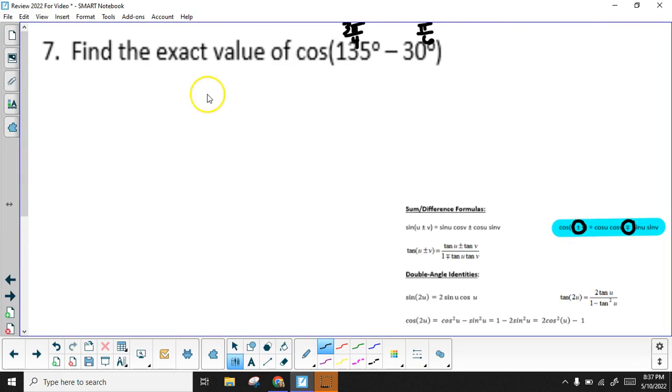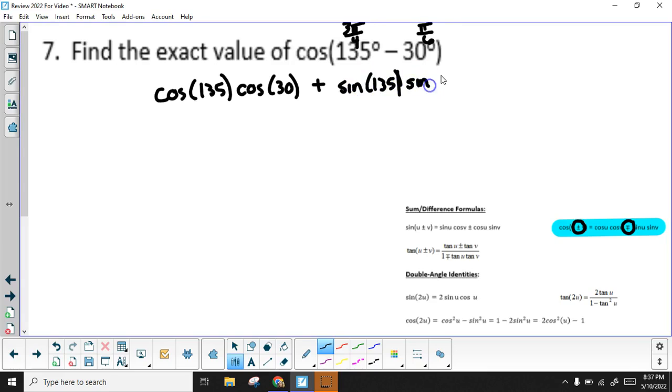So if we're doing the cosine of 135 minus 30, that's going to be equal to the cosine of 135 times the cosine of 30 plus the sine of 135 times the sine of 30. That's just the part where we expand.